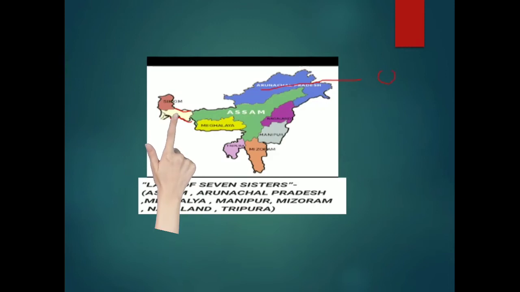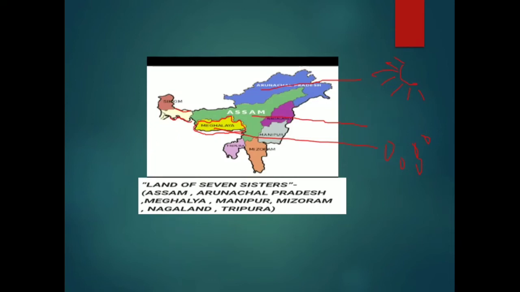All these states are connected to India via a thin stretch of land known as the Siliguri Corridor. It is popularly known as the Chicken's Neck. Hence that is the only way to reach the seven sister states. The wettest place on the earth is Mawsynram, which is located in Meghalaya, and it also holds a place in the Guinness Book of Records.